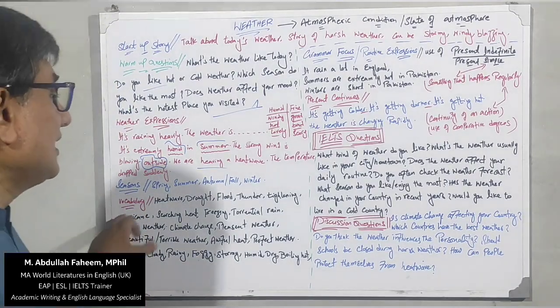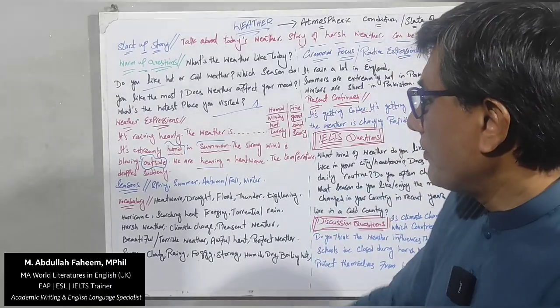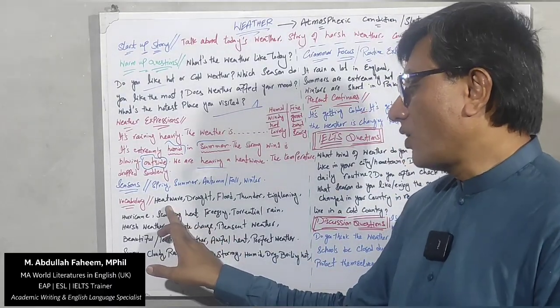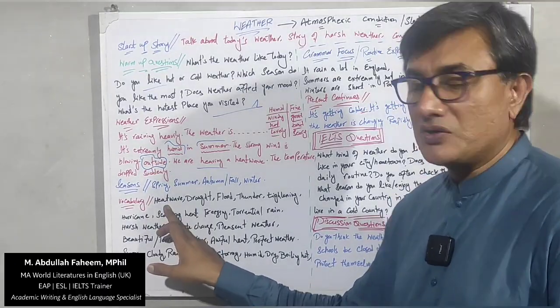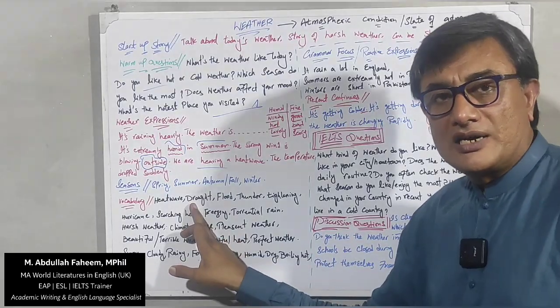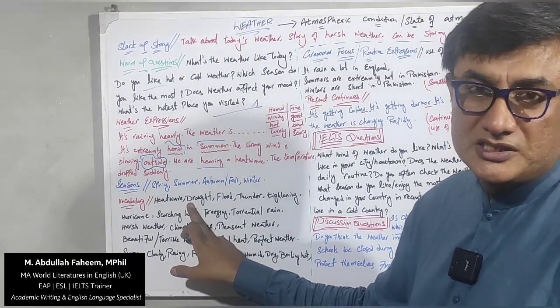Now we have vocabulary, and some words are very common, some are good. For instance, heat wave, we already know, when the weather is very hot and the wind is blowing. Everybody feels the pain of the hot weather. We have drought, which means dryness, no water, nothing. Fields and crops just shatter.